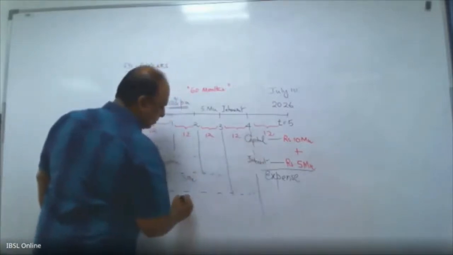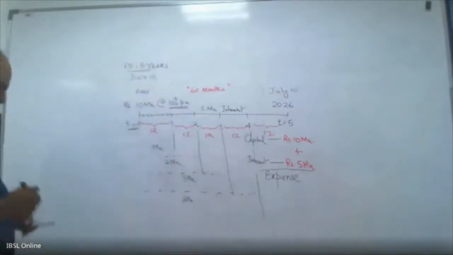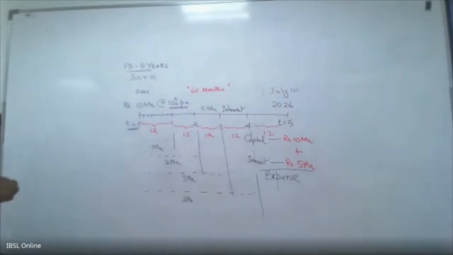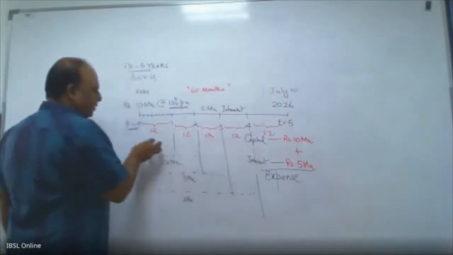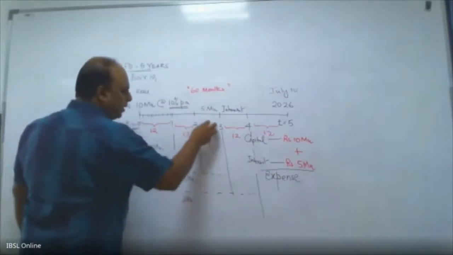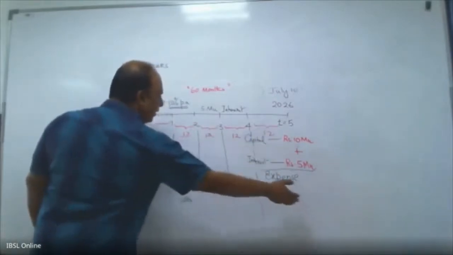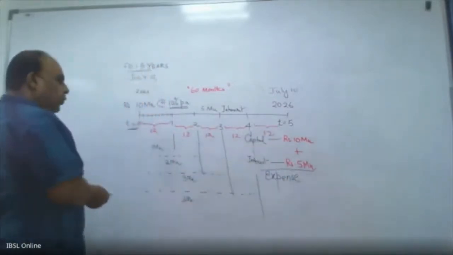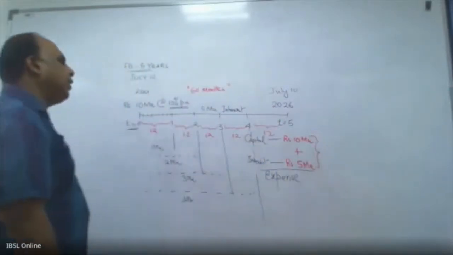Fourth year, 4 million. And then the fifth year, you will have the final. So you are going to absorb an interest expense every year: 1 million, then the second 1 million, third 1 million, fourth 1 million, and the fifth 1 million. At the end, when the customer comes, you need to pay 15 million.